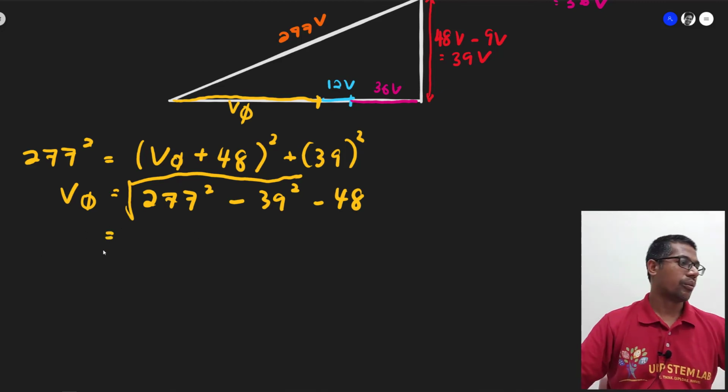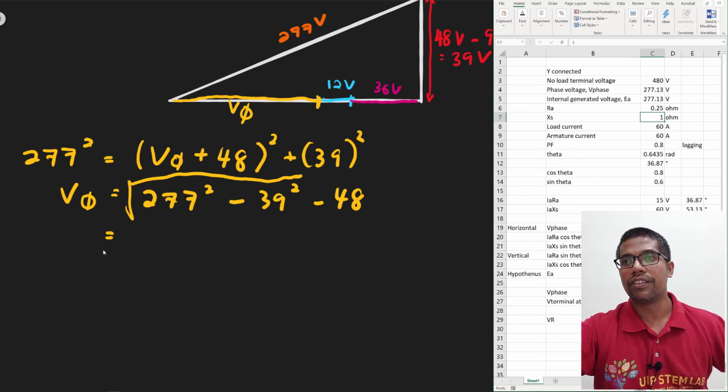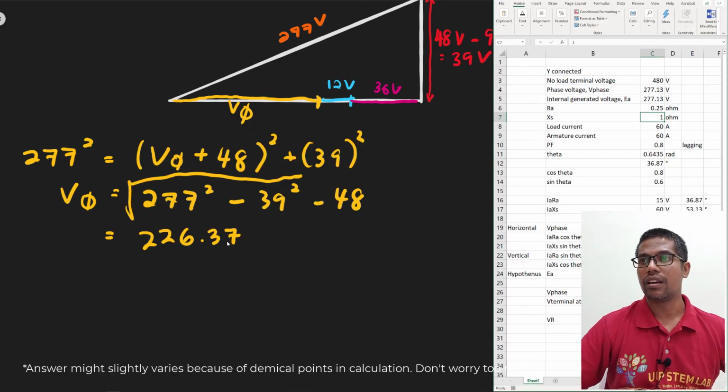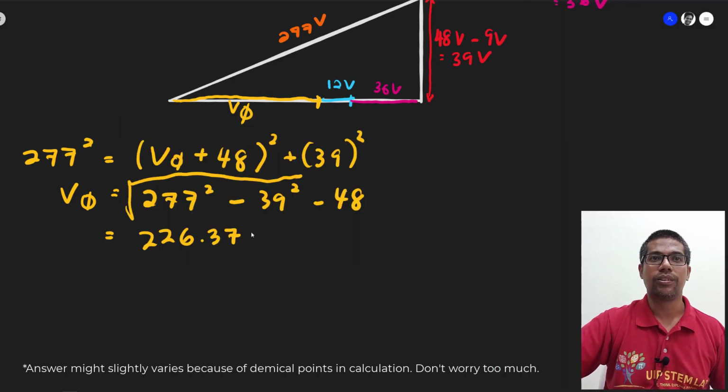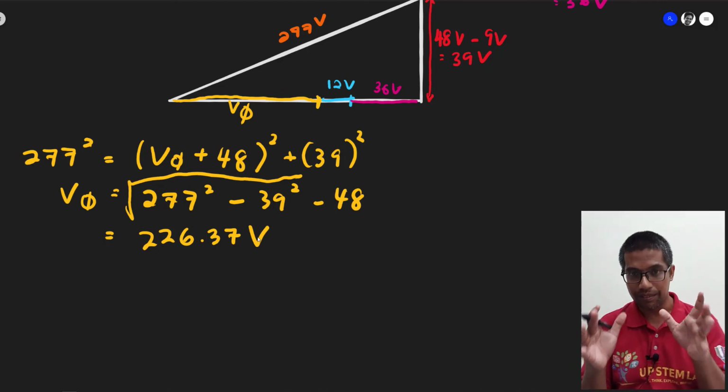When you solve that, you will get V phase at 226.37 volt.